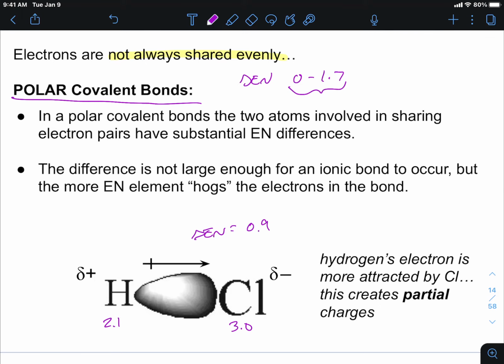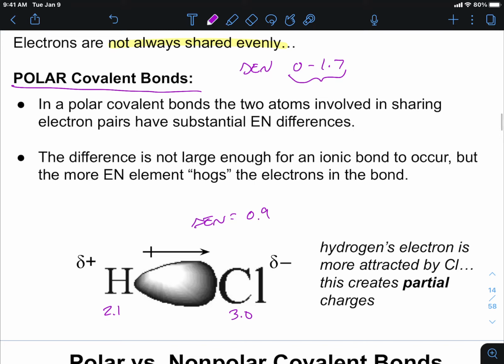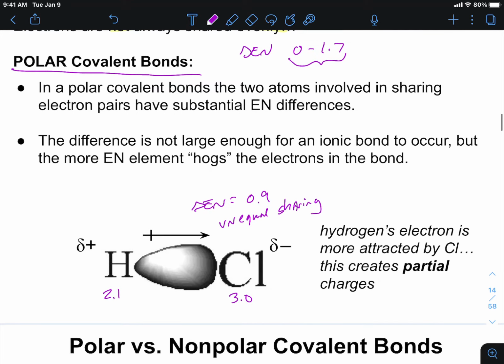That's polar covalent, unequal sharing. Why is it unequal? Well, it's because chlorine has a stronger ability to attract electrons towards itself. So the electrons are pulled closer to chlorine than hydrogen. And when there's this imbalance of electrons, that's a polar covalent bond.